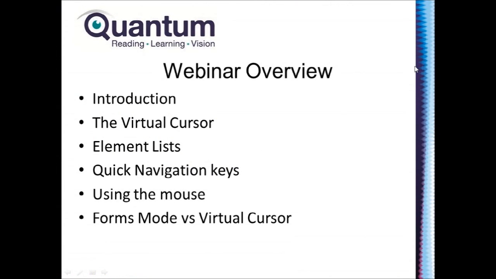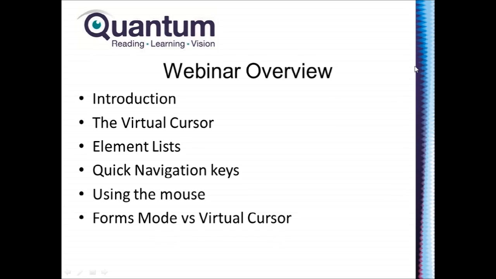Okay, so I'll just give a brief overview of what Danny will be covering in today's webinar. First of all, he'll give a bit of an introduction to JAWS and how it works in with the internet, and a bit of a background to how that was developed.